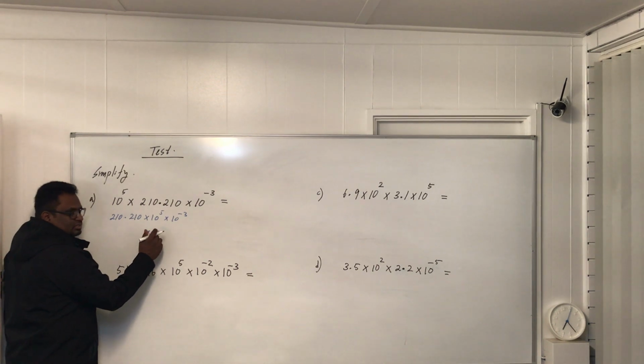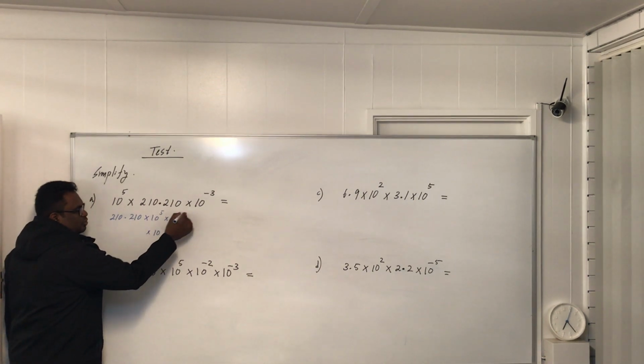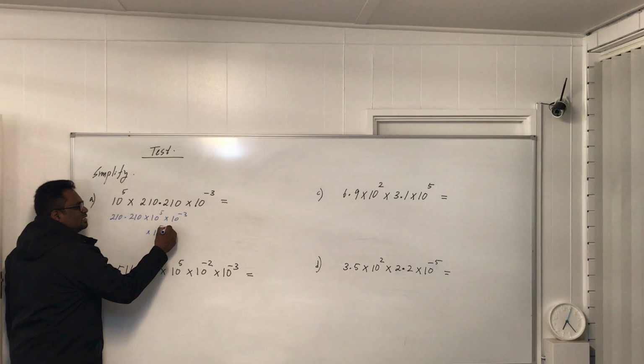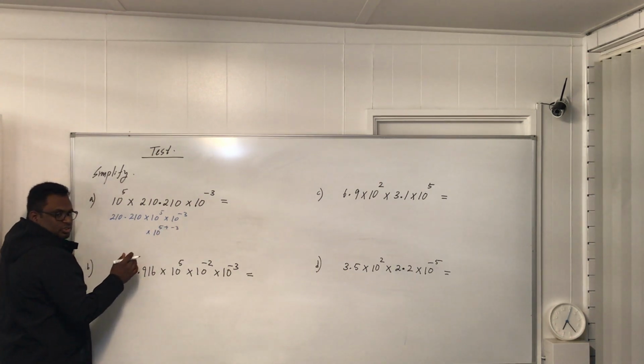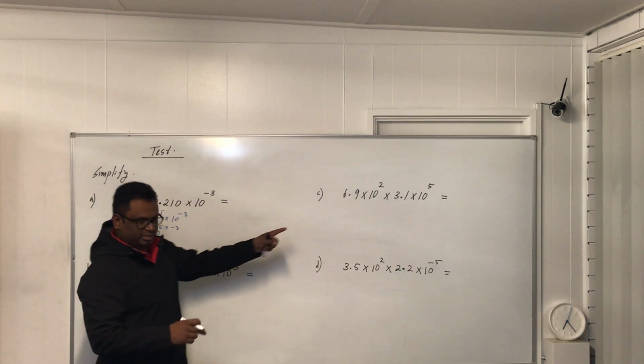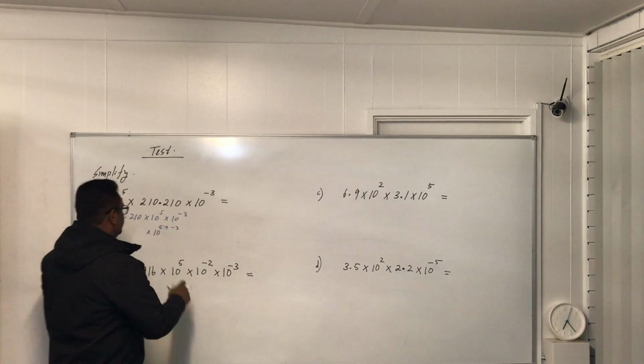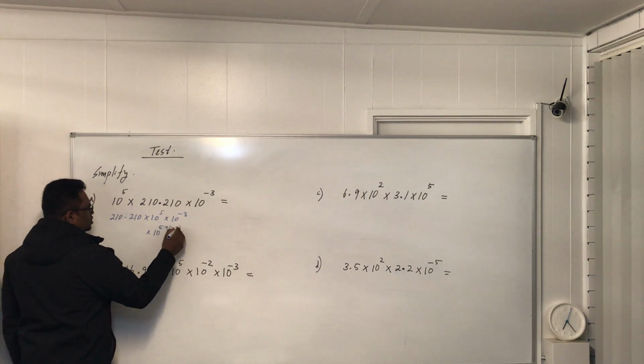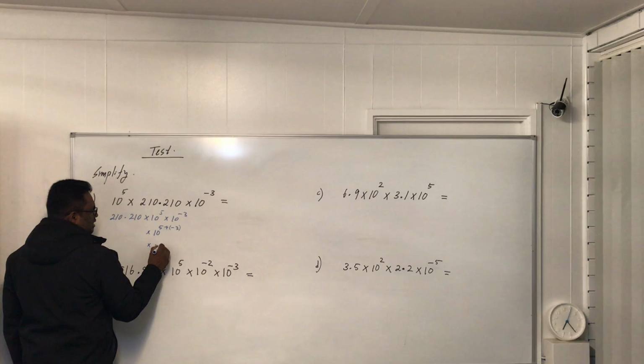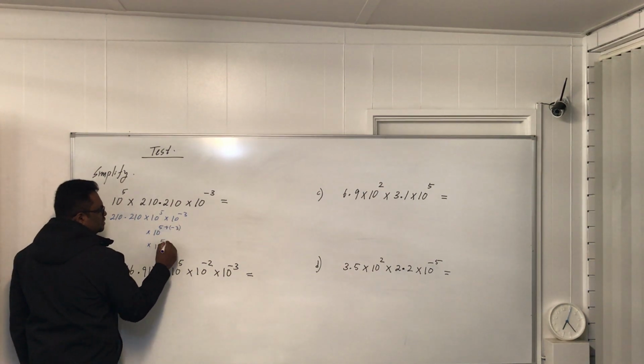Look at this, guys. You are writing 5 plus minus 3. You saw this one before, right? When I was doing it. So now if you have this, you put a bracket. So it's going to be 10 to the power 5 plus times minus is minus 3.